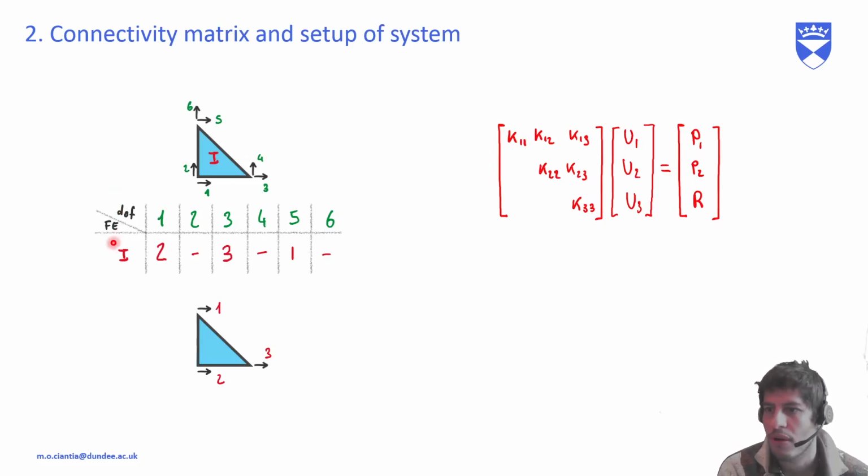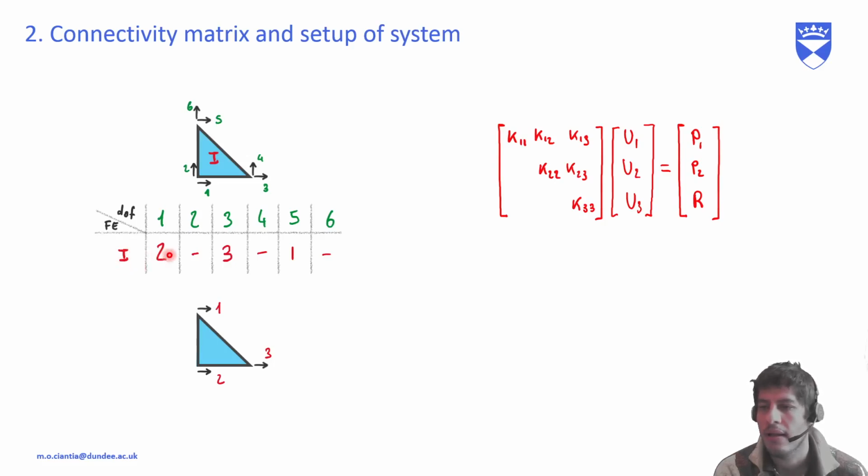In this case, we have just one finite element. So this is our connectivity. Just to remember, we put the degrees of freedom 1 to 6. This is always like that if we use CST elements, because we have 6 nodal displacements for a triangular finite element. And then we add a row for each finite element we have in our model.